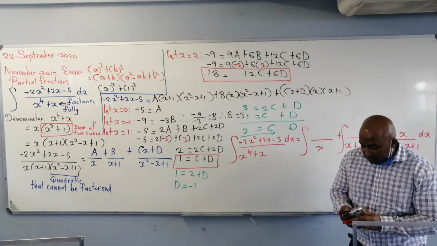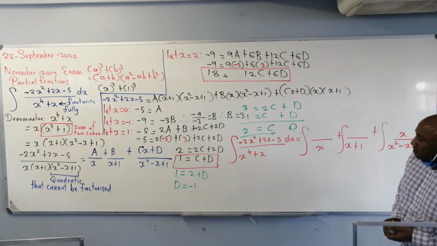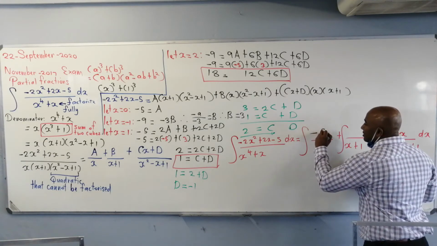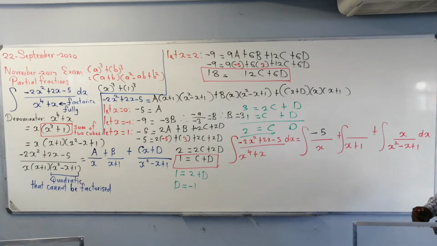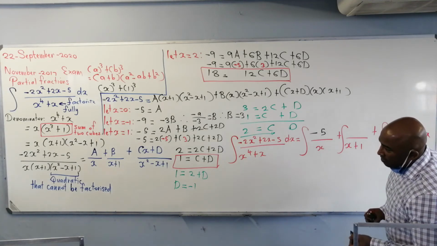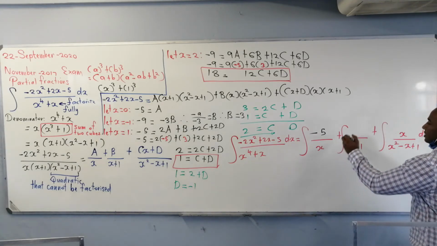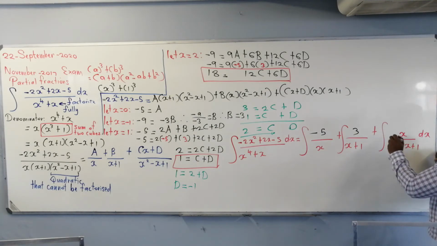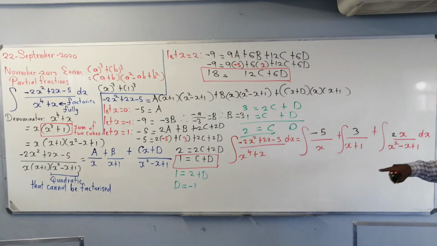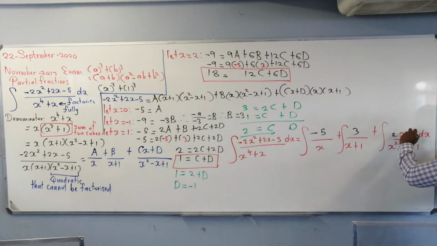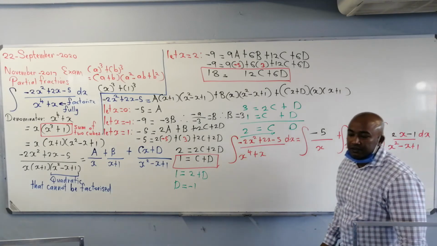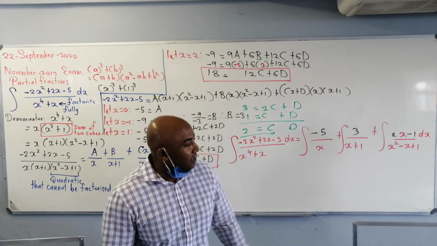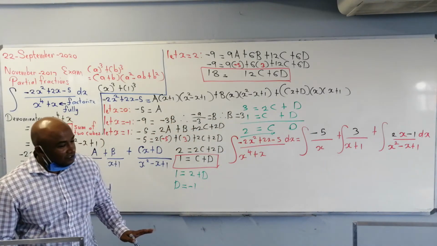Okay, so let's do the substitution quickly. My a is minus 5. B was, where is the b value there? 3. C is 1. No, C is 2. And then D is minus 1. Right, so we substituted everything.